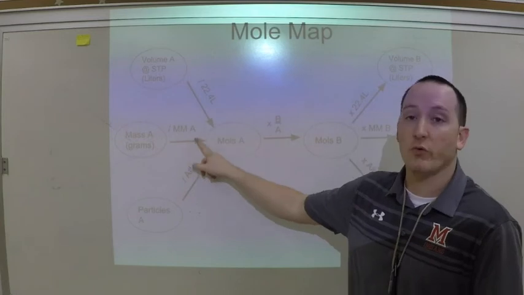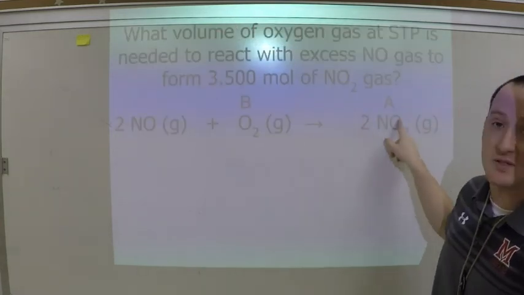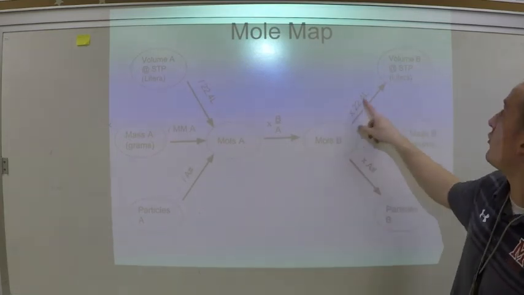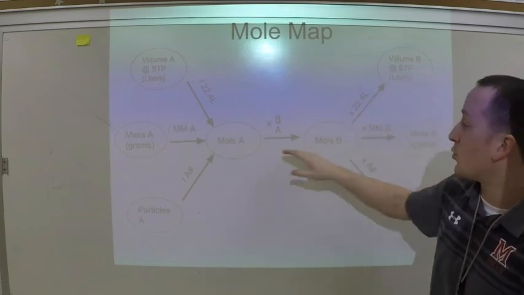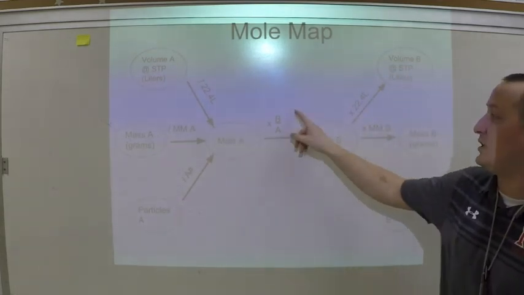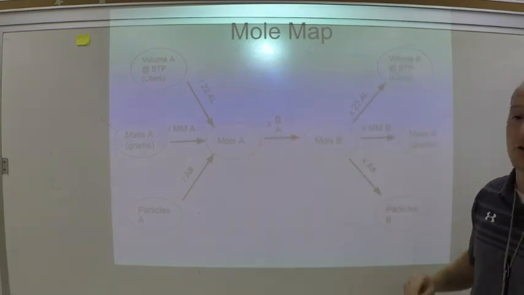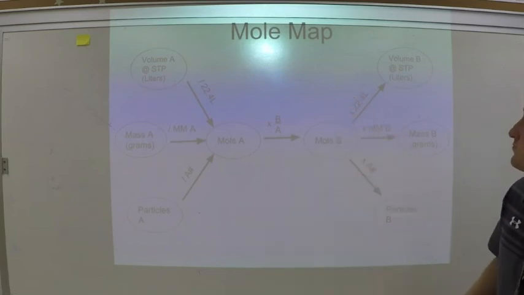So we are in moles of A, and we are going to volume, which is going to be liters of O2. So we're going to convert from moles of A to moles of B using our mole ratio. Then we're going to convert from moles of B to liters using our 22.4 liters conversion.